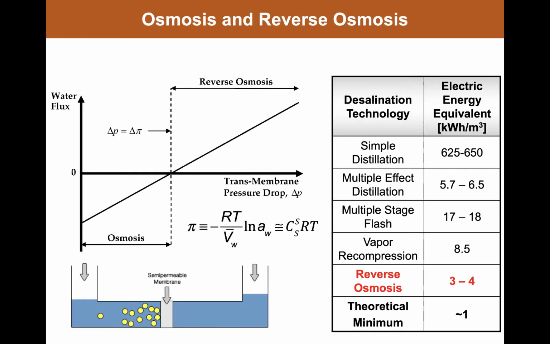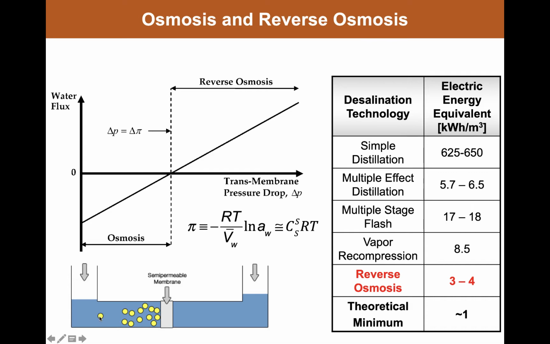So osmosis and reverse osmosis are quite closely related. You'll probably remember perhaps from high school the classic osmosis experiment where you have a membrane like shown here at the bottom of this slide, that separates a solution that contains salt water.